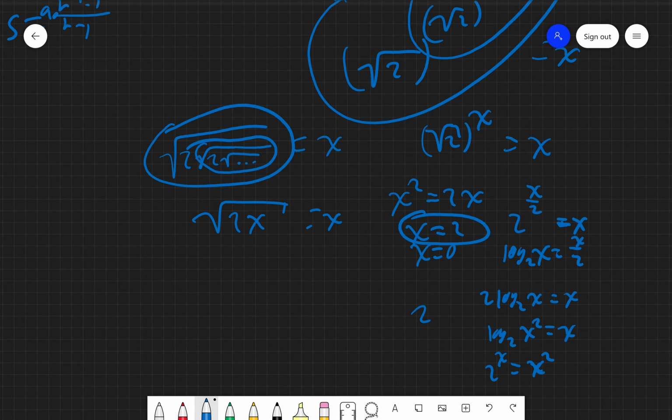From this you can guess and check easily, right? Does 1 work? No, sorry, 1 does not work. 2 works, right? Does negative 2 work? No? Okay, so I think 2 is the answer.